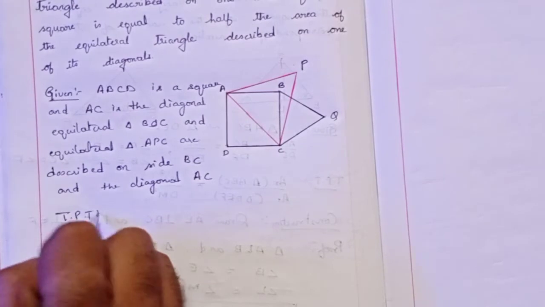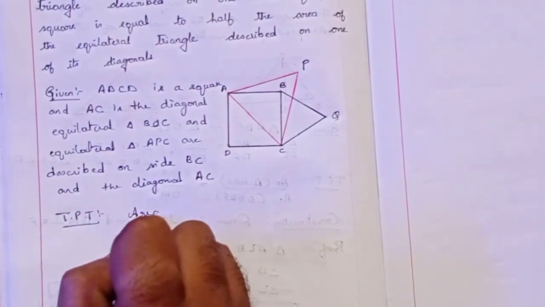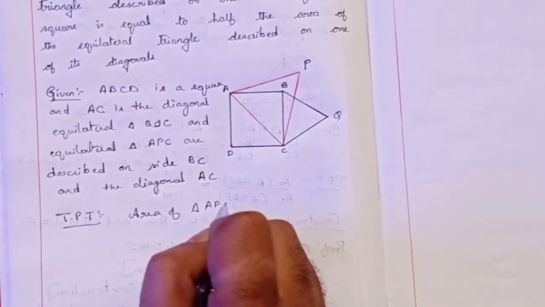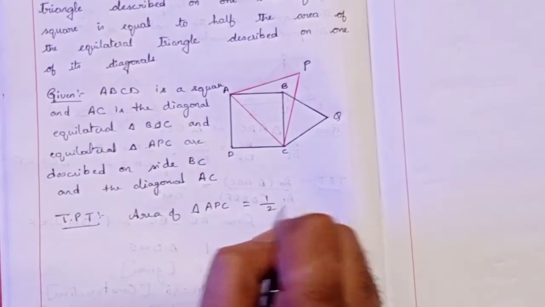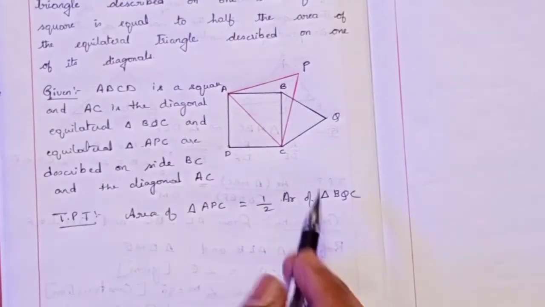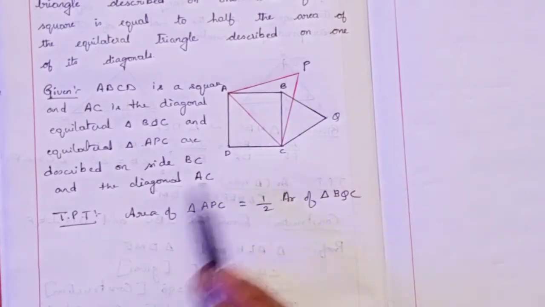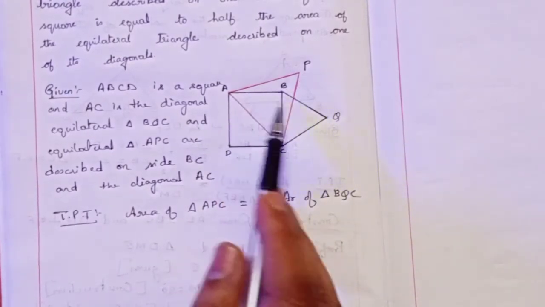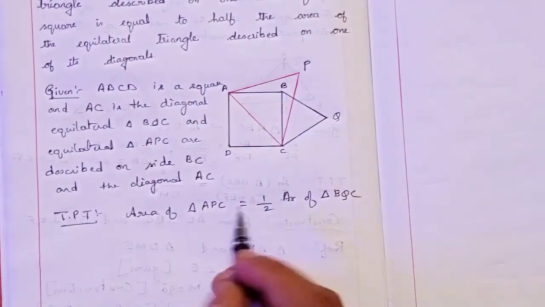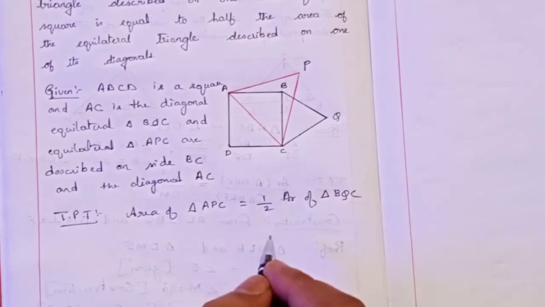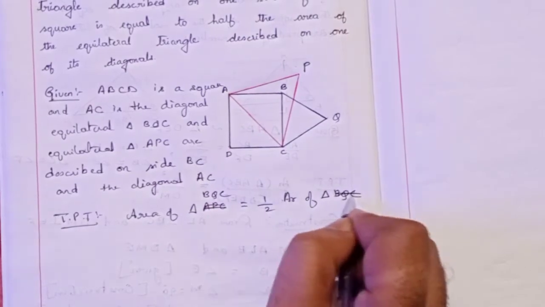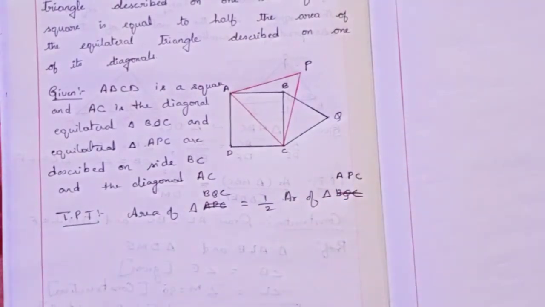So what we need to prove here is that the area of triangle BQC is equal to half of the area of triangle APC.